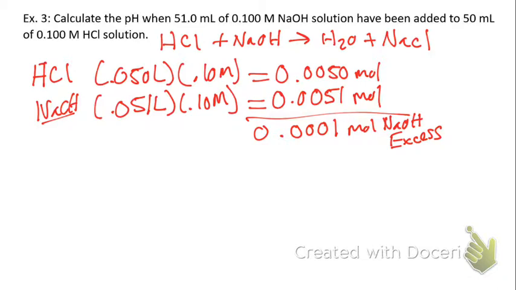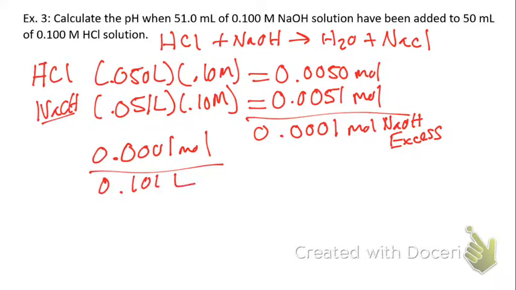So what is our new base concentration? 0.0001 moles divided by the total volume that we have here, which is 0.101 liters. So if we do a quick calculation, that should give us a concentration of 9.9 times 10 to the minus 4.